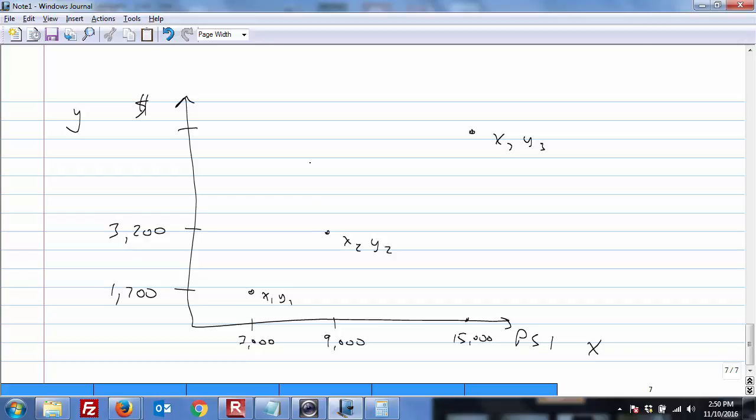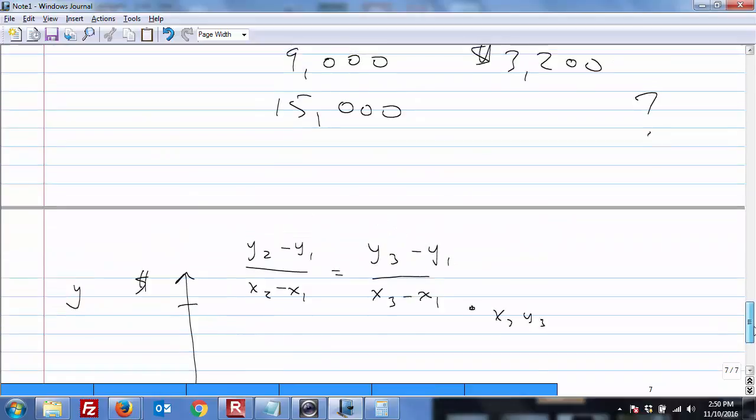So we know that (y2 minus y1) over (x2 minus x1) equals (y3 minus y1) over (x3 minus x1). We can choose either the middle point or the leftmost point. Let's just choose the leftmost, for grins. You can do it either way.